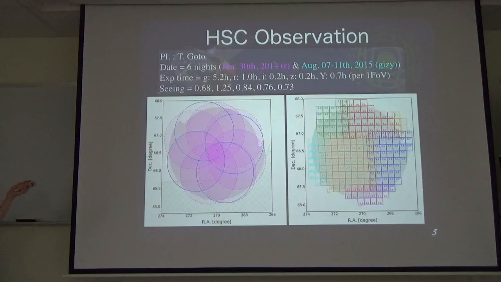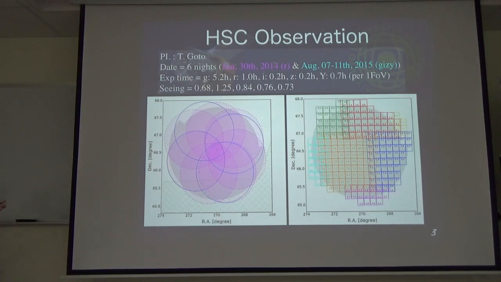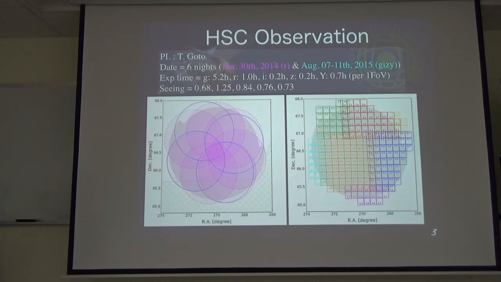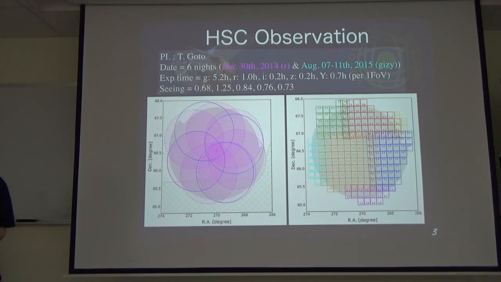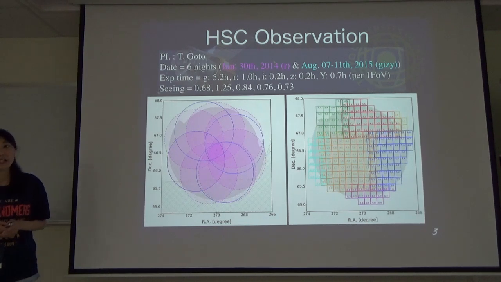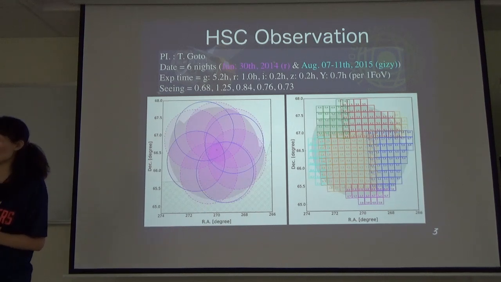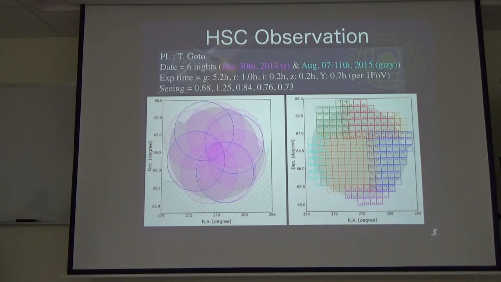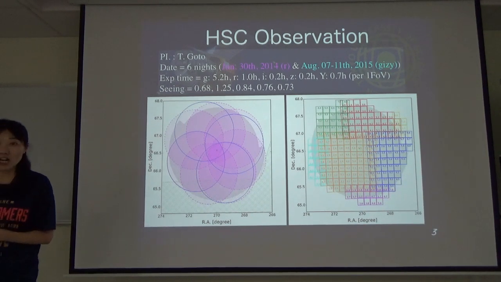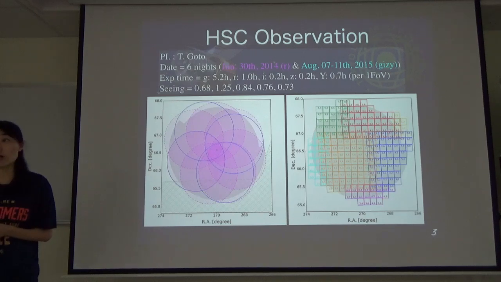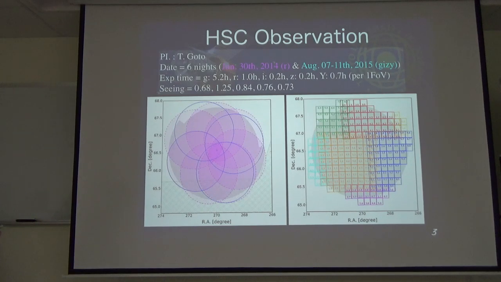So here is a summary of our HSC observations. We had a total of 5 effective nights, spread out over 2 years, 2014 and 2015. In 2014, we had an instrumental trouble, so we could use only u-band, and the seeing of the u-band data is not good because of the instrumental trouble.